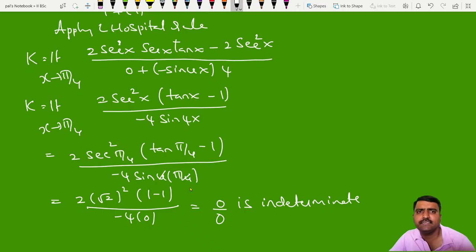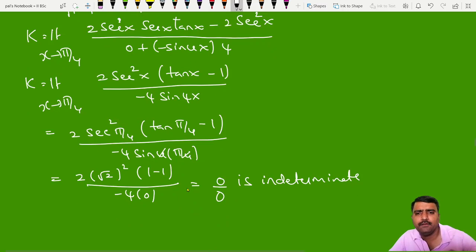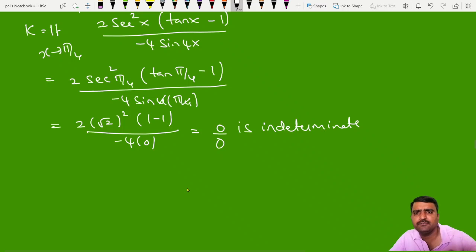So again it takes indeterminate form. So then once again you apply L'Hospital's rule. Applying L'Hospital's rule, k is equal to limit x tends to pi by 4.